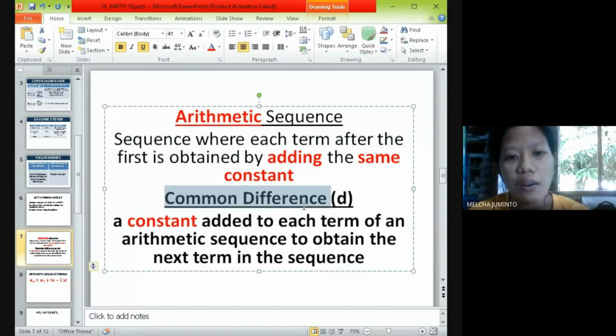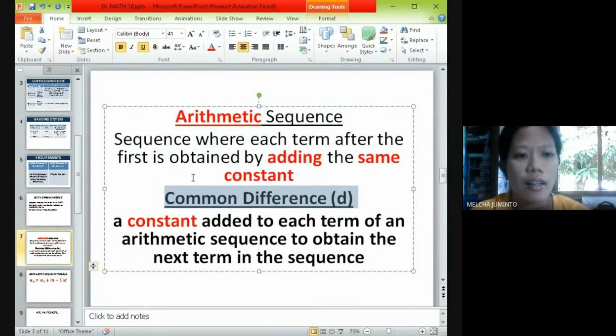We call that common or same number the common difference. Ang tawag dun sa number na yun na paulit-ulit natin i-add dun sa isang term will be called the common difference. It is a constant added to each term of an arithmetic sequence to obtain the next term in the sequence.